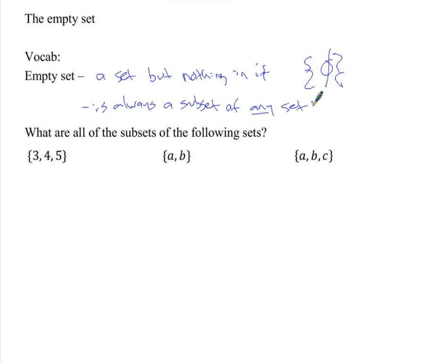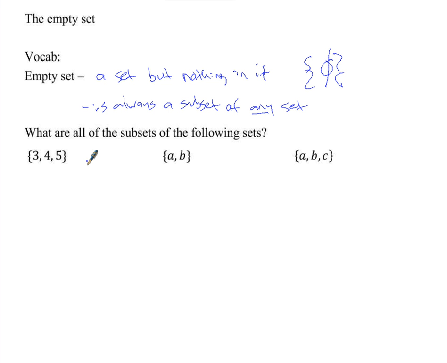So what are all of the subsets of the following sets? Here is the set 3, 4, 5. The original set is a subset. Everybody in this classroom is the set, but we can also say everybody who is originally from a different planet take a seat. And nobody would sit down. Everybody who's still standing is a subset.